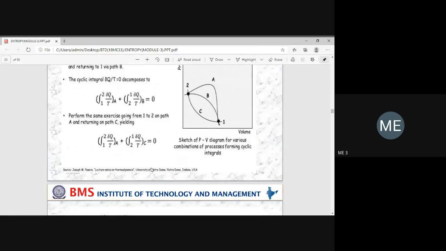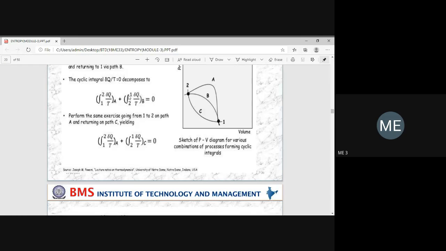From the two equations, when you compare equations 1 and 2, it is clear that the integral of dq by T between 2 to 1 by following the path B is exactly equal to the integration of dq by T between 2 to 1 by following the path C.